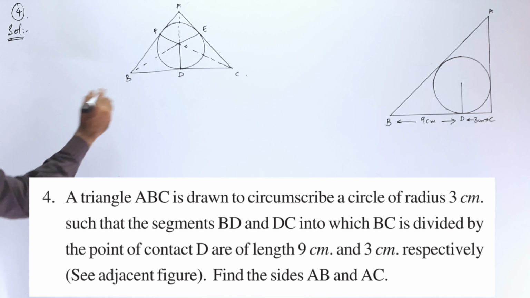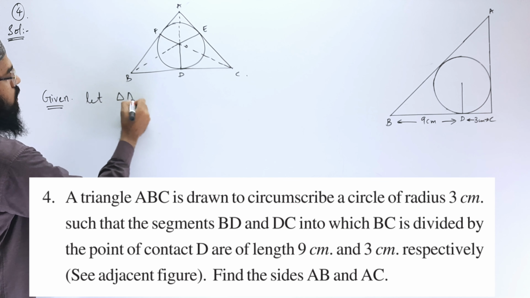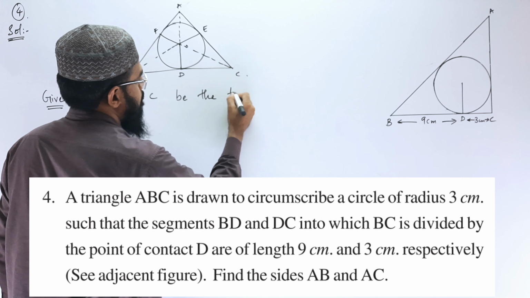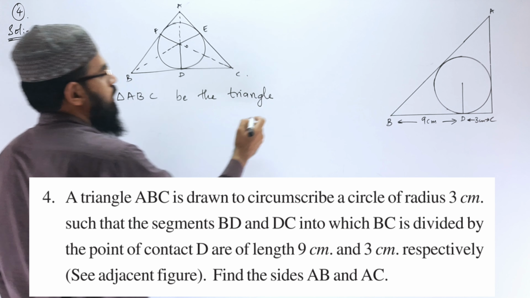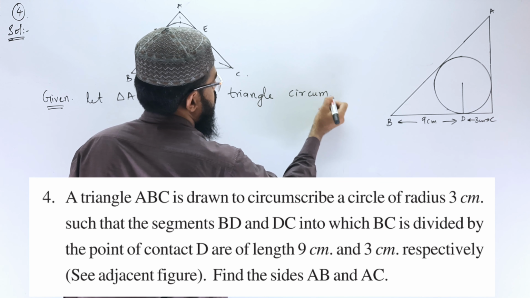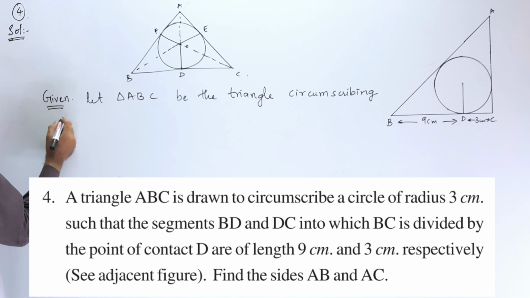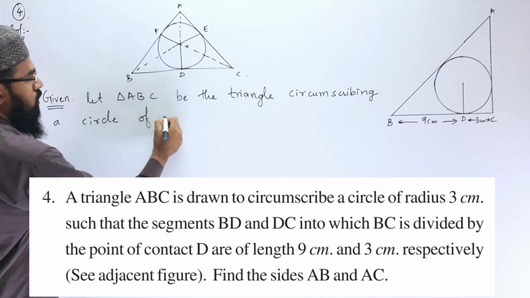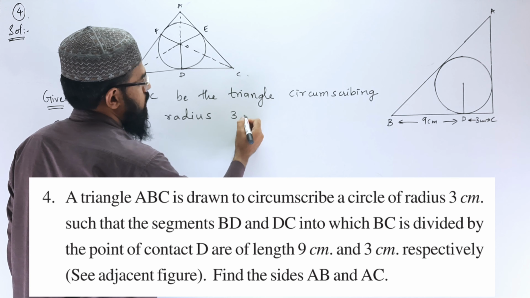So let us write given: let triangle ABC be the triangle circumscribing a circle of radius 3 centimeter.